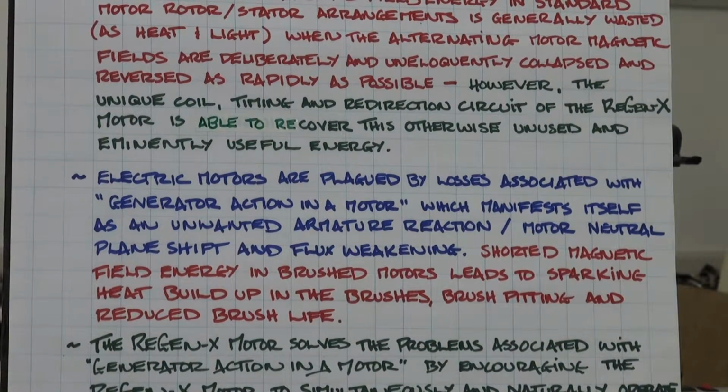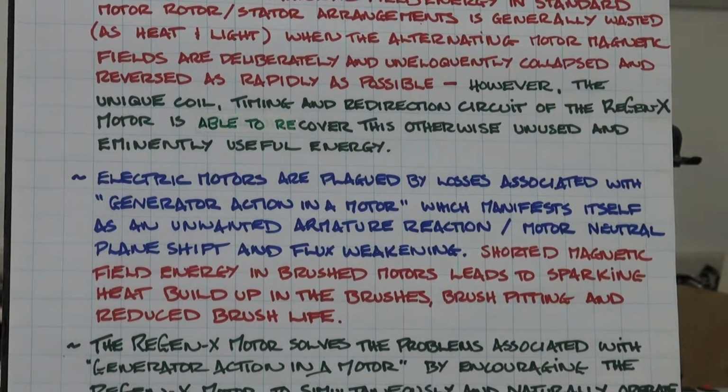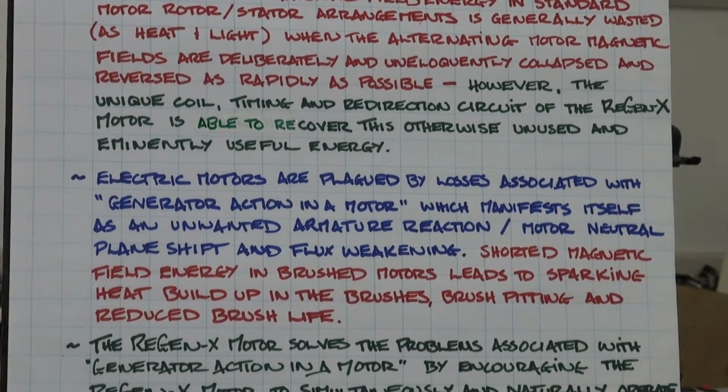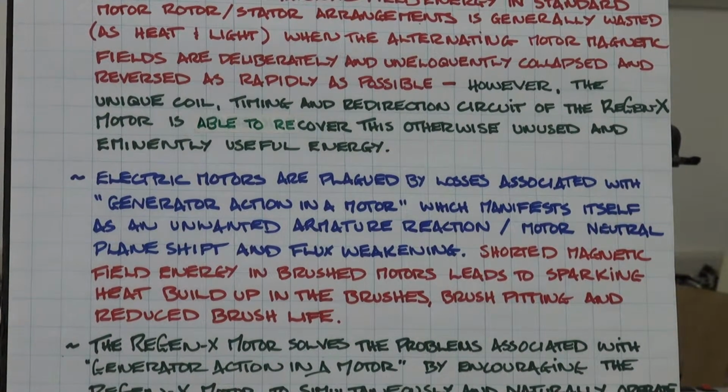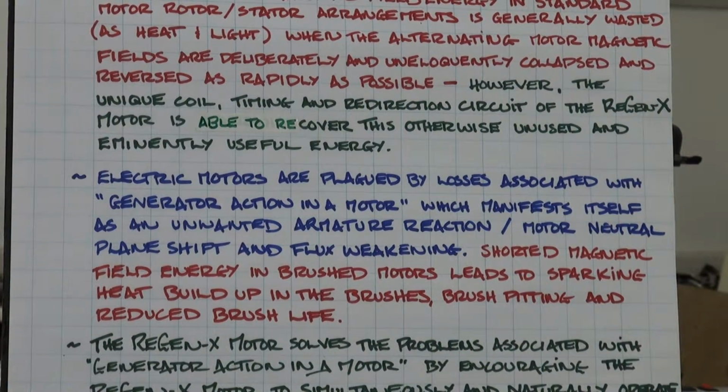Electric motors are plagued by losses associated with generator action in a motor, which is manifested as armature reaction, motor neutral plane shift, and flux weakening. Shorted magnetic field energy in brush motors leads to sparking, heat buildup, and brush wear, brush pitting, and reduced brush life.